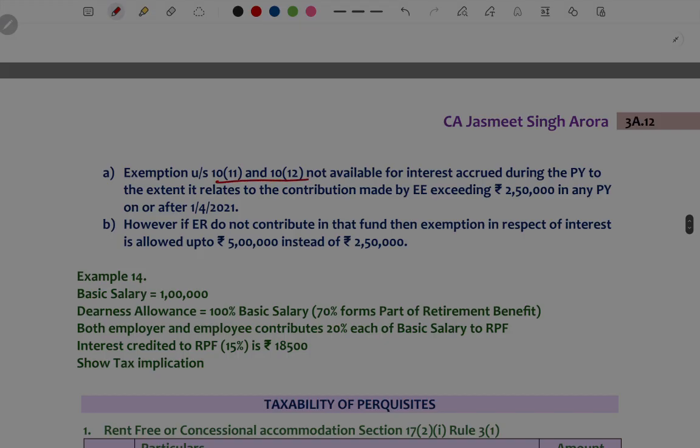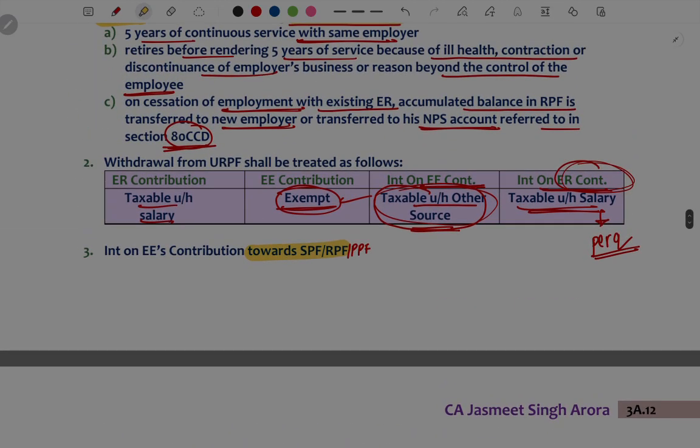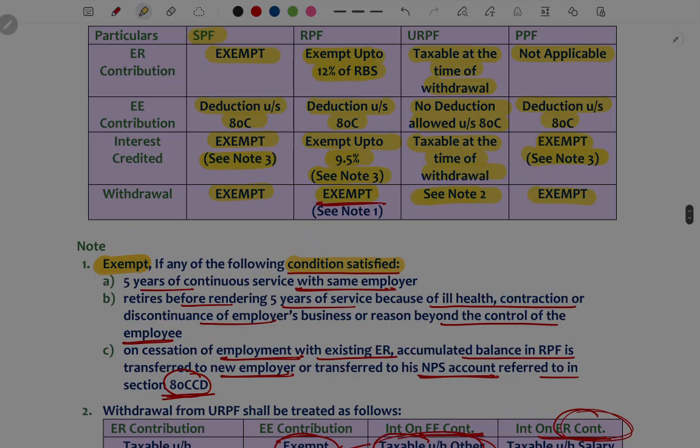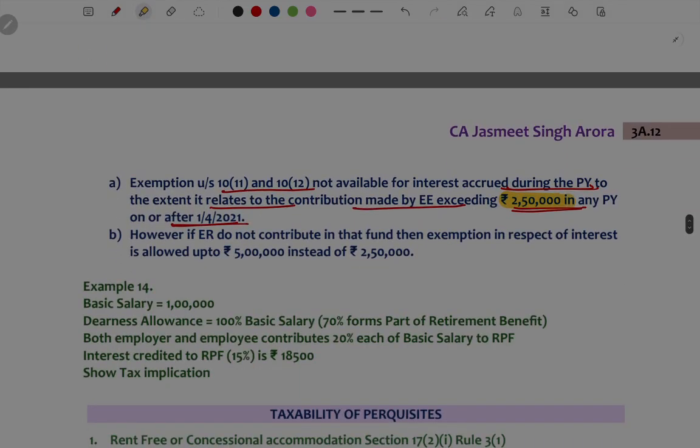Interest during the previous year, to the extent it relates to contribution made by the employee exceeding 2 lakh 50 thousand in any year after 2021. If the interest is exceeding 2.5 lakh, then it is taxable; if it is not exceeding 2.5 lakh, then it is exempted. In case of PPF, SPF, and RPF, exempt up to 2.5 lakh, 9.5%. But if the interest goes beyond that, it would be fully taxable under the head salary or other sources as required.